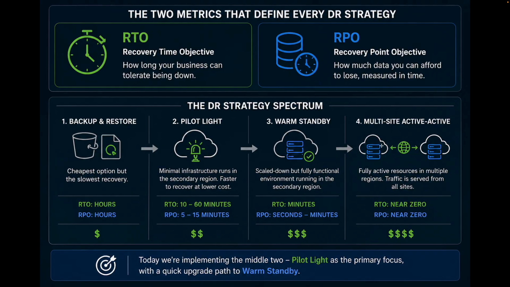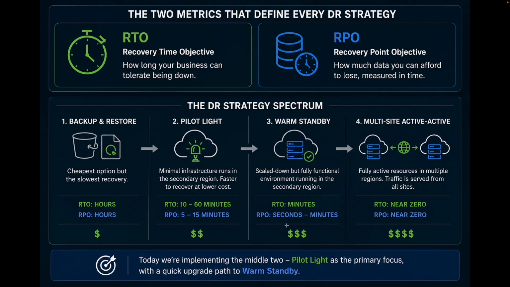And then multi-site active gets you to near zero downtime, which means you have fully active resources in multiple regions. Traffic is served from all sites, which means if one site fails, the other site is there as a recovery site. But today we are implementing the pilot light and then the warm standby.